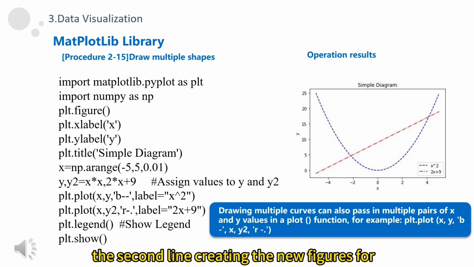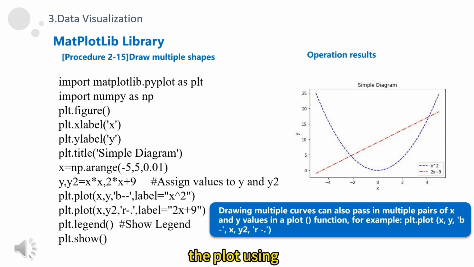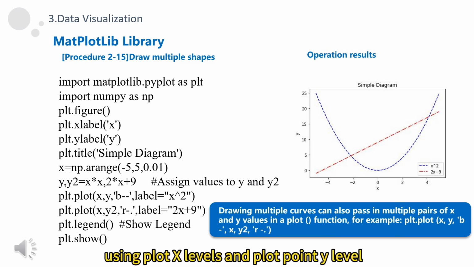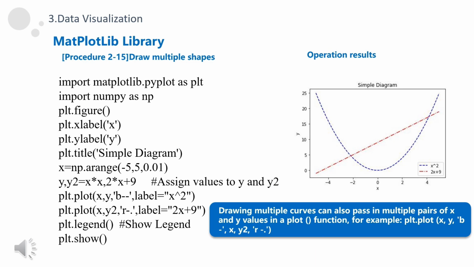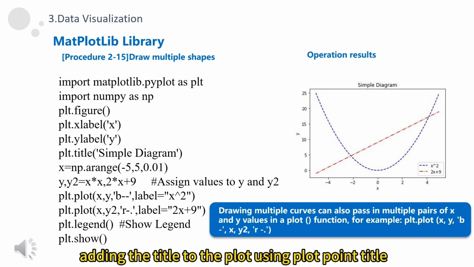The second line, creating the figure for the plot using plt.figure function. The third line, setting the labels for the x-axis and y-axis using plt.xlabel and plt.ylabel. The fourth line, adding a title to the plot using plt.title.